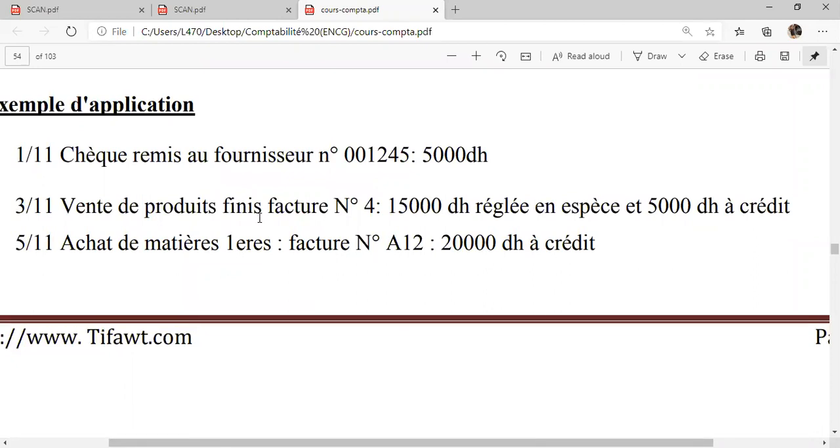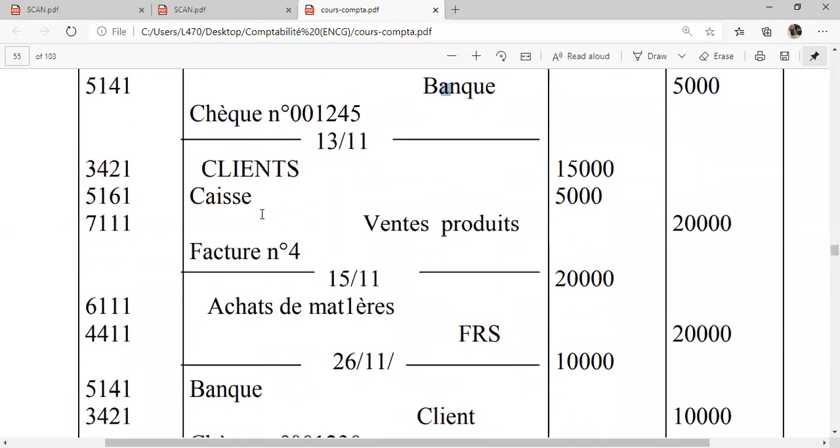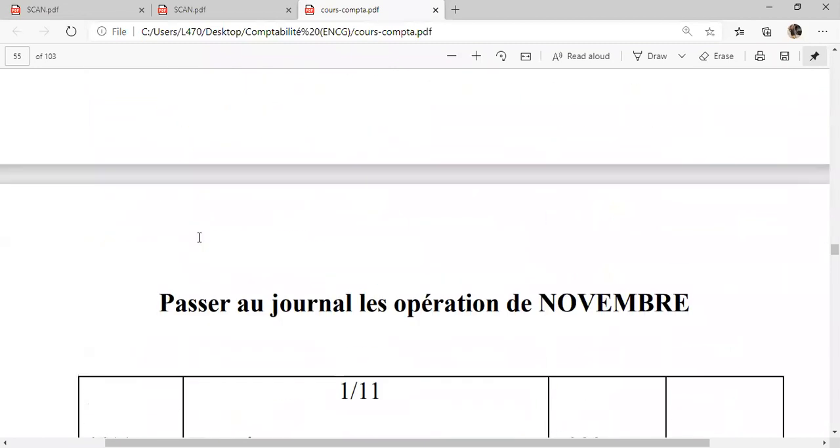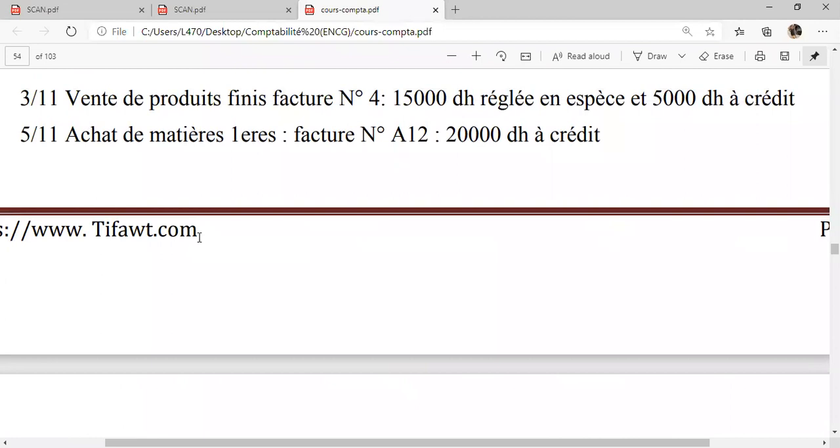Actually, we were supposed to record it. This facture number A12 was supposed to be recorded as well. I think this book was written in a really fast manner. There are a lot of hiccups here and there. But that is the case. In this case, it's supposed to be facture number A12.